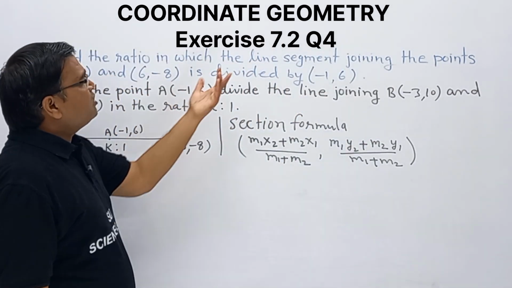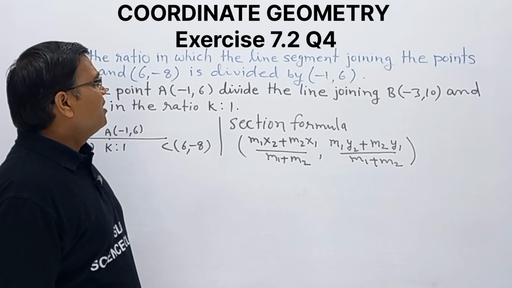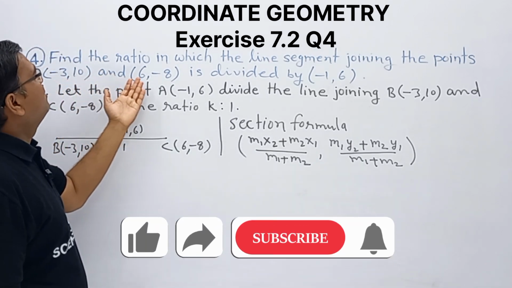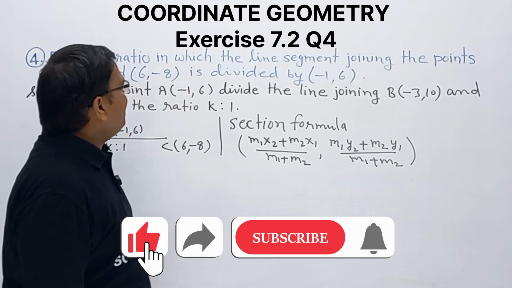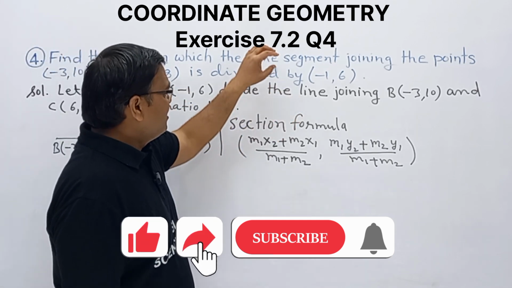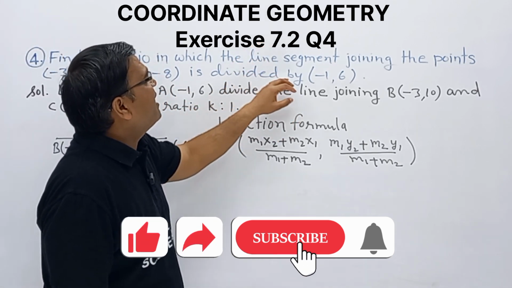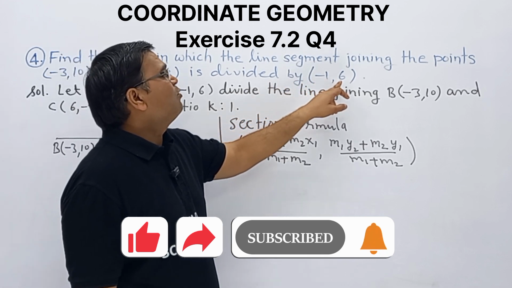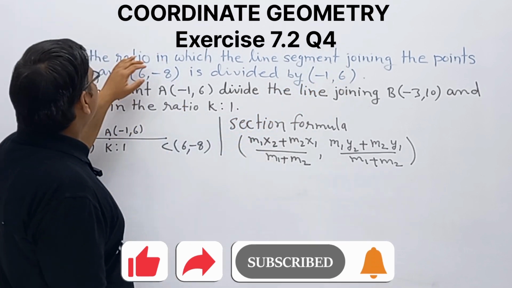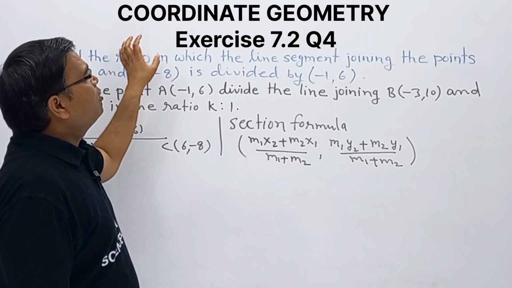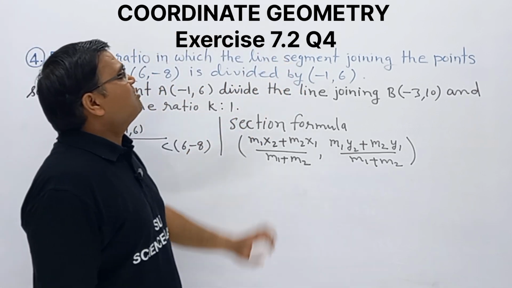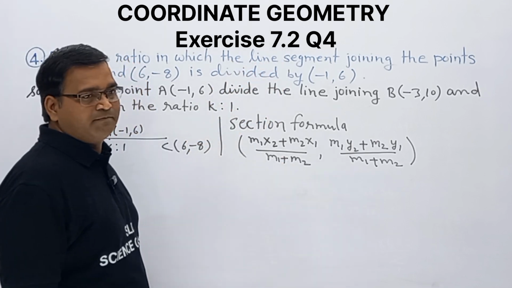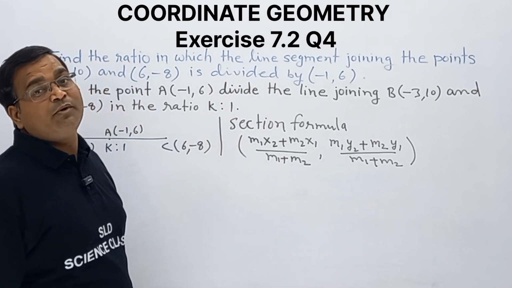The ratio in which the line segment joining the points (-3, 10) and (6, -8) is divided by the point (-1, 6). We want that ratio.